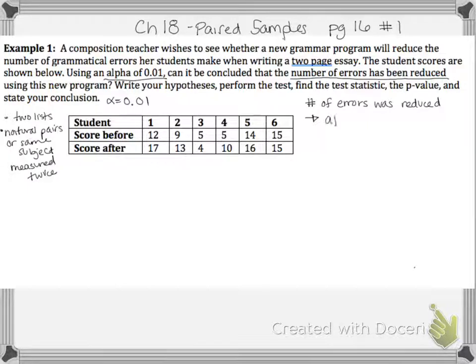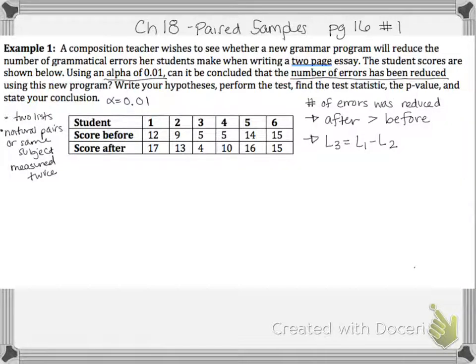So the after score will be larger than the before score because errors have been reduced. Now remember that if we're pairing our data, we will be looking at list 3 as list 1 minus list 2, which is before minus after.